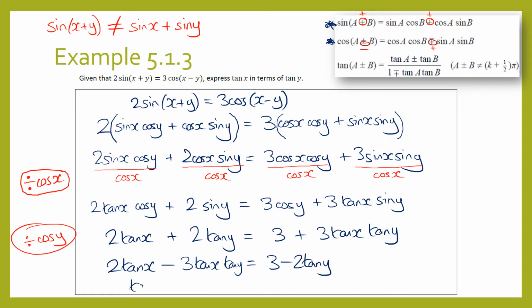On the left hand side, really important that we factorize our common factor of tan x. So having done that, we can then make tan x the subject. So tan x is 3 take 2 tan y over 2 take 3 tan y.